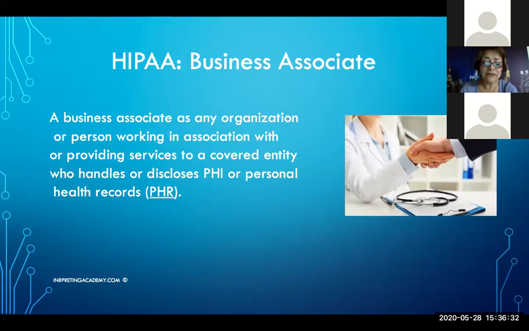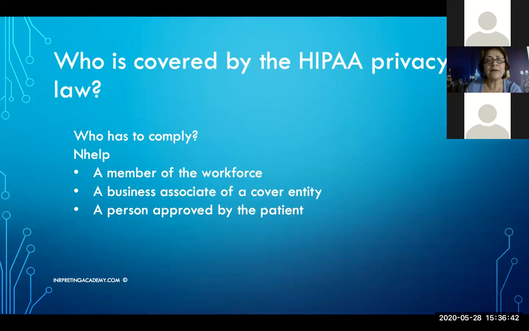Some agencies share date of birth, of course, the language, right? And so that's already involving me as a business associate to comply with HIPAA. So there are a couple of things that we need to know. Who has to comply and how can you comply with this?